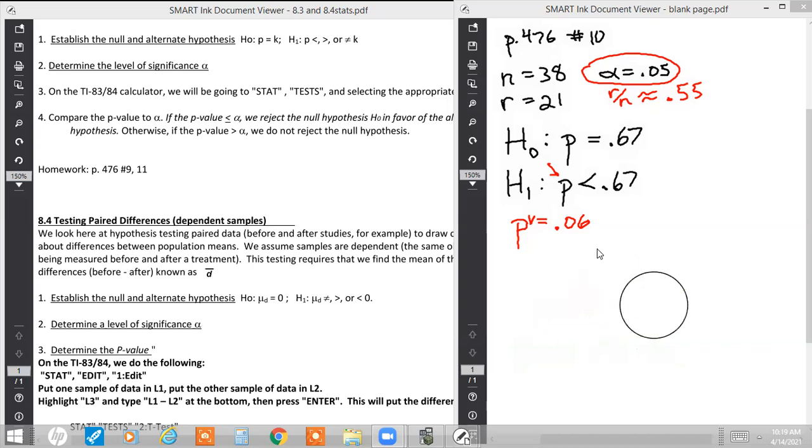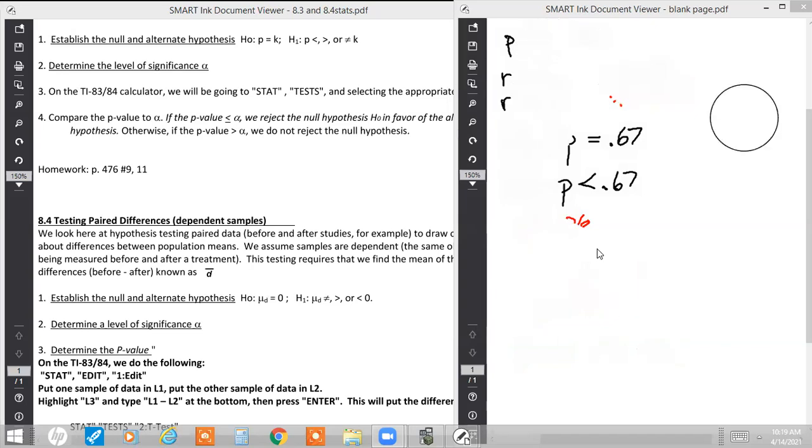Okay. So I want a two tail test. We're going to take a look here at problem number 12 out of the section. So it's still on page 476.